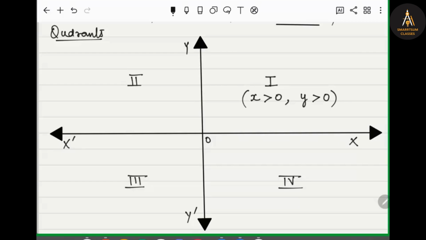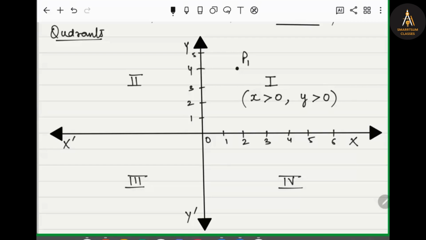What does it mean? If there is any point which lies in this quadrant, suppose this point P1, the values of x and y for this point will be greater than 0. Why is it so? Because in this quadrant we have positive values of x, 1, 2, 3, 4, 5, 6, and similarly for y, 1, 2, 3, 4, 5, and so on.